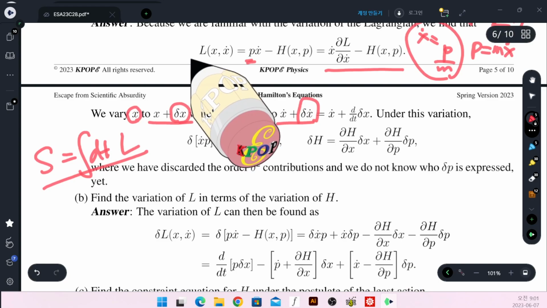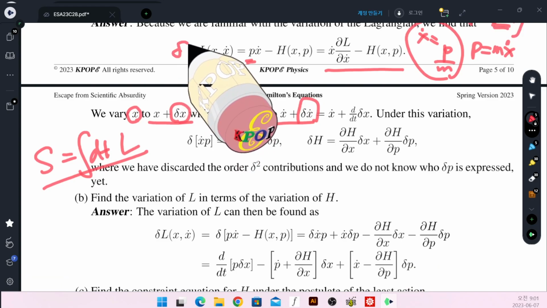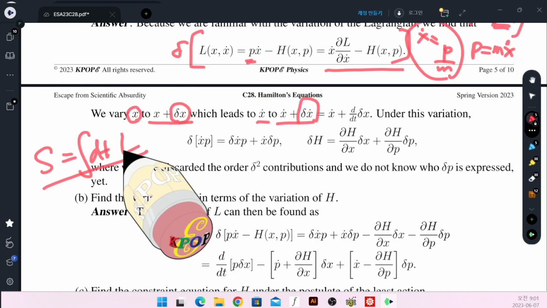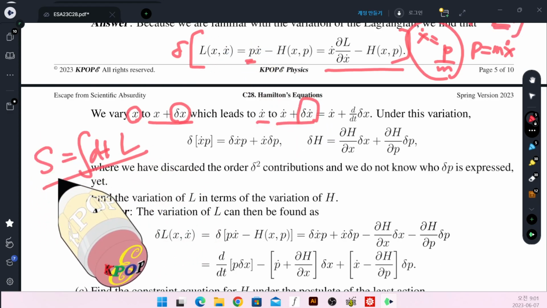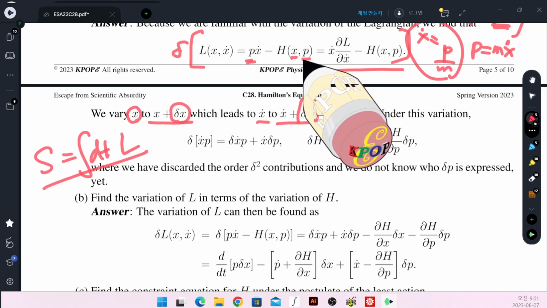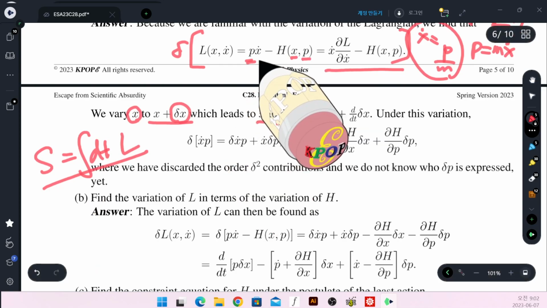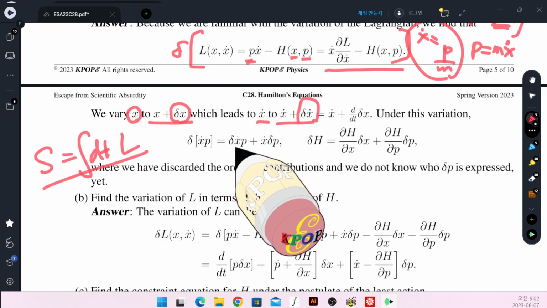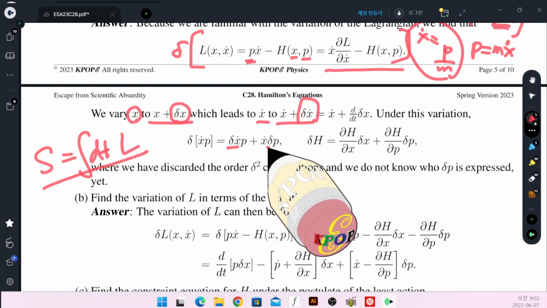We apply the variation of this integrand that would appear in the evaluation of the action. The Hamiltonian is here as a function of x and p, and we have x dot p, the variation of this, and the variation of momentum.